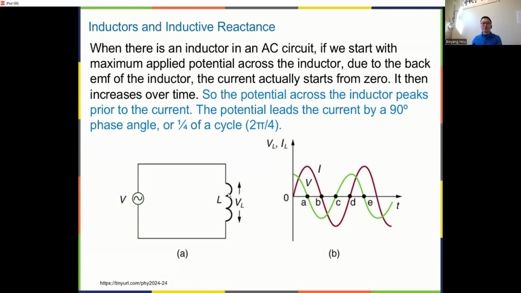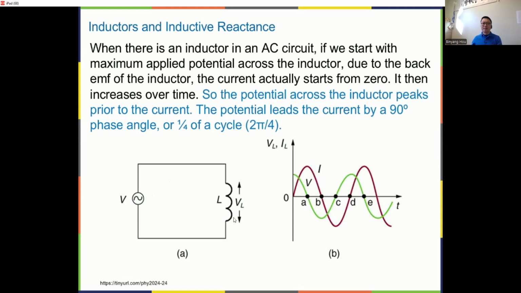Being an AC signal, it is always changing, so there's always a changing current through this coil, so you always get back EMF, opposing the change of the voltage going through it.